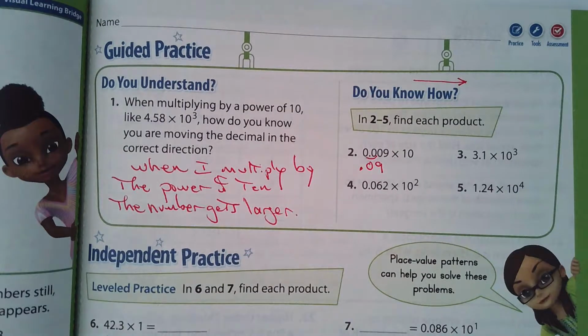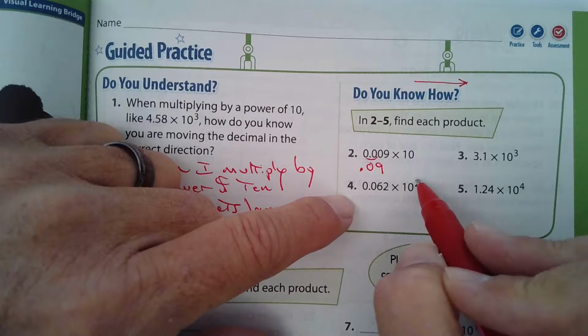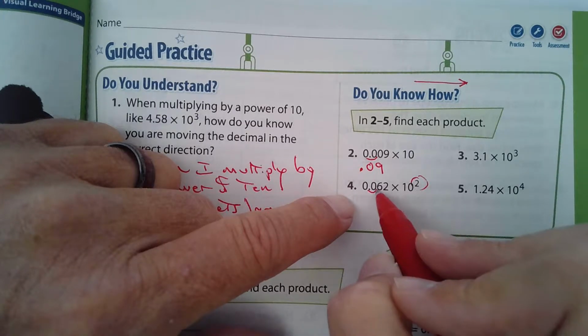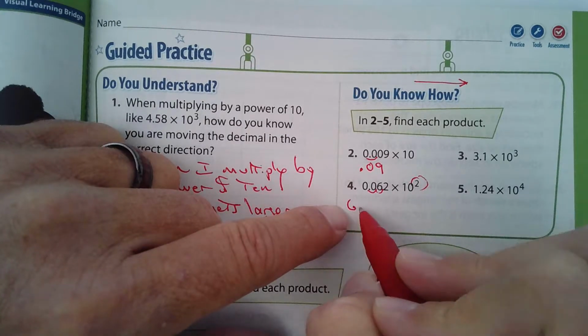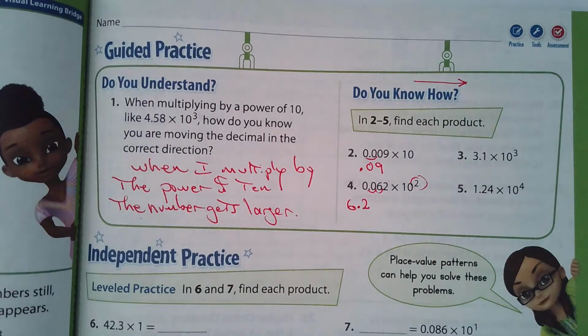Okay. Number 4 here, again, it's getting larger. It's now two places, so 1, 2, so it's going to be 6.2. Okay.